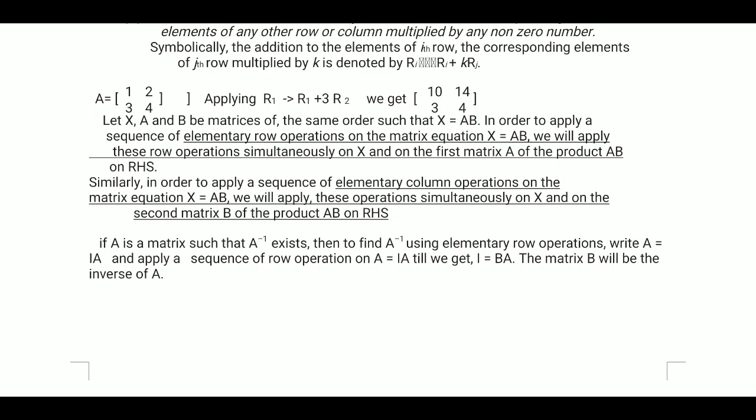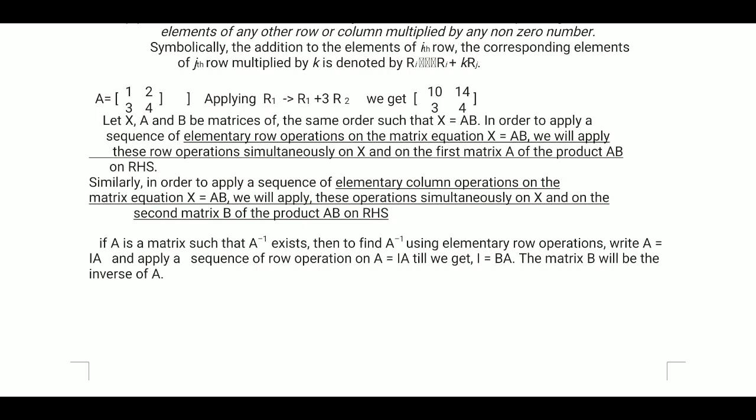The step will be, first we write A is equal to I into A and apply the sequence of row operations on A is equal to I into A till we get I is equal to BA.